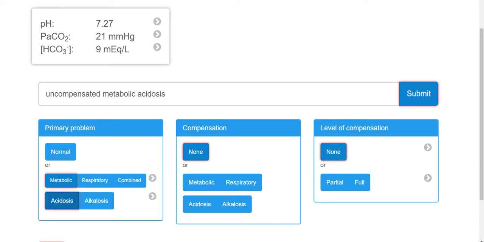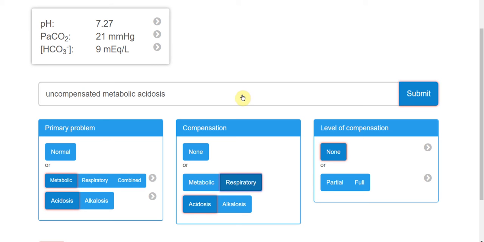Now, is there any level of compensation going on? We can tell there is some level of compensation because respiratory, CO2, is not within normal range. The 21 is well below 35, so there is some level of compensation, and it's below 35, which means it is alkalotic.